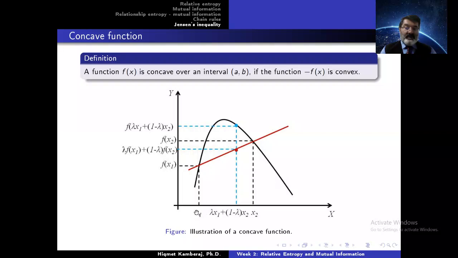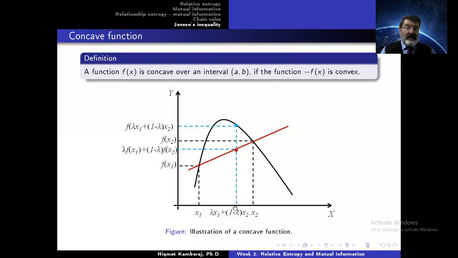Then we pick 2 points along the x-axis, x1 and x2. Then we draw a straight line between these 2 points on the f of x function. Then we pick an x along the x-axis, which is lambda x1 plus 1 minus lambda x2.